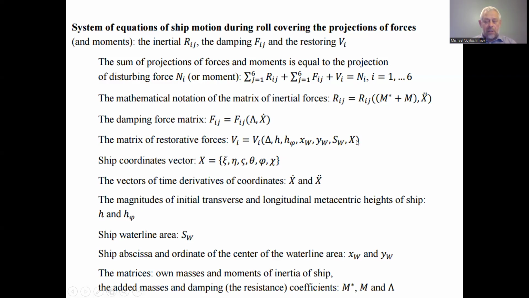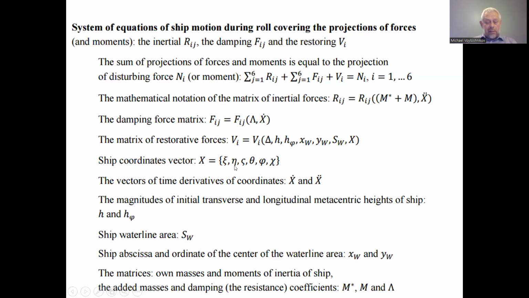This would be heel, and about the ordinate axis, that would be trimming of the ship. And the ship coordinates vector is used as well in this argument, and these are functions of time, and this is the first derivative to find the damping forces, and this is the second derivative to find the forces of the inertia. So here xi is the displacement of ship along the abscissa axis.